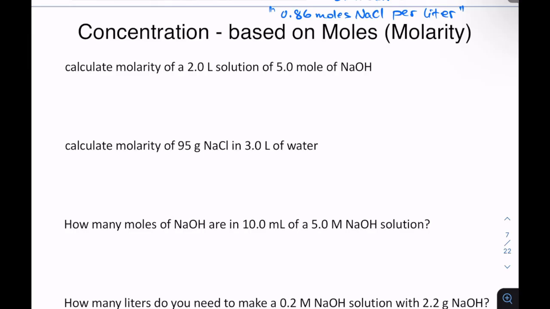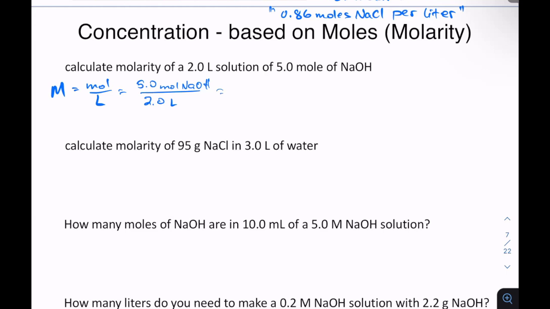And of course, normally when I do a slide like this, they get progressively more difficult. So that means the first one is the easy one. Calculate the molarity of a 2-liter solution of 5 moles of sodium hydroxide, NaOH. Well, that's just simply the definition of molarity. Molarity is moles per liter. So we're given 5 moles of NaOH divided by 2 liters.